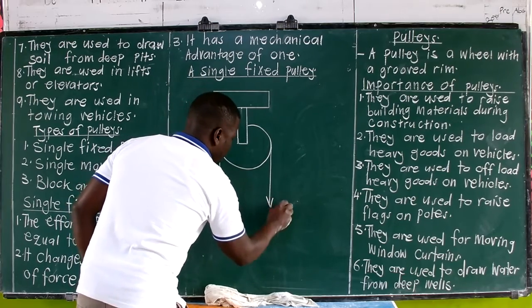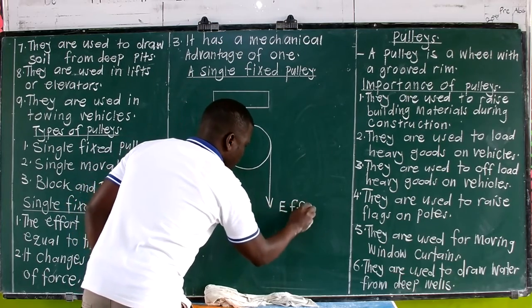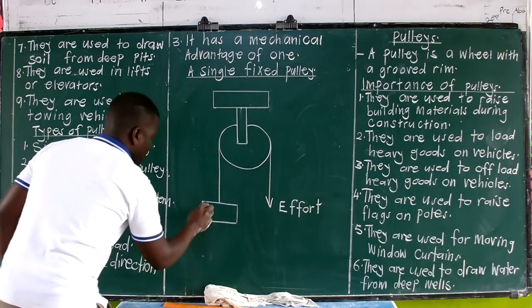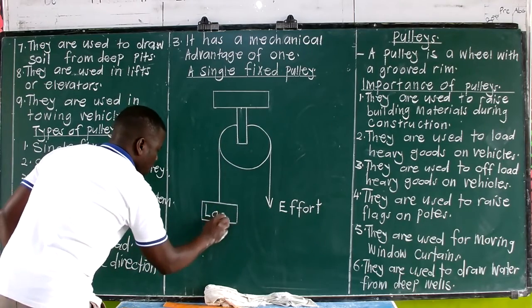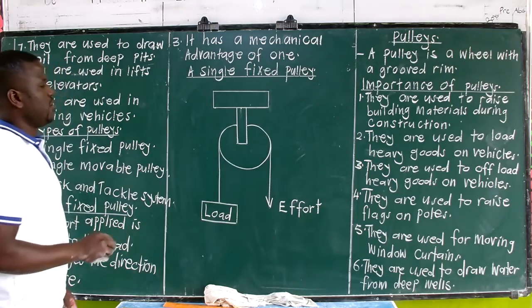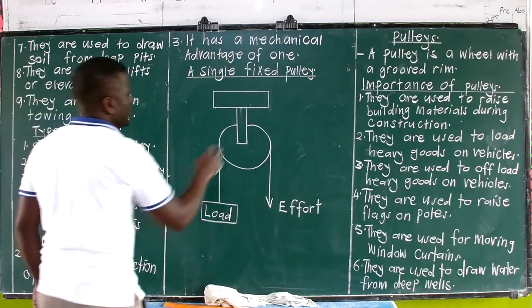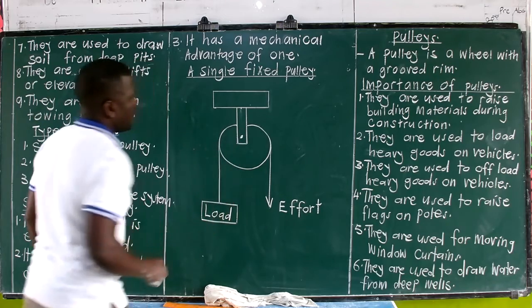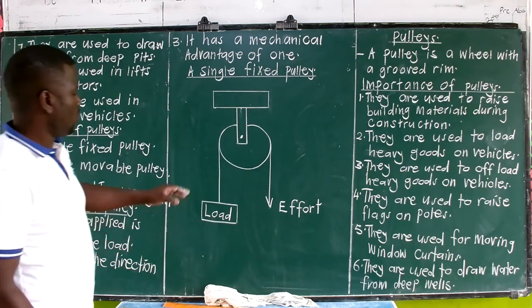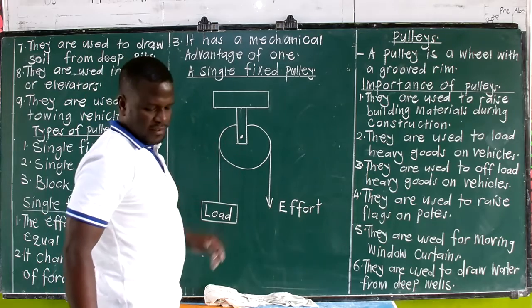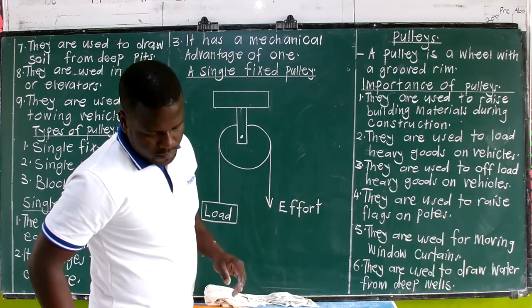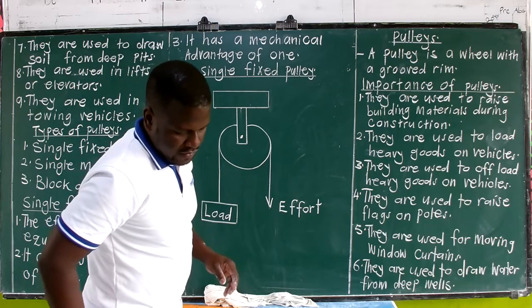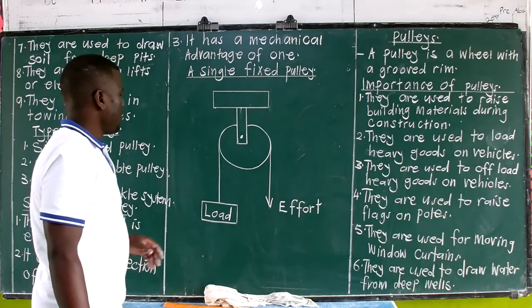So this is the effort. Then this is the load. So that's a single fixed pulley. It has a mechanical advantage of 1.